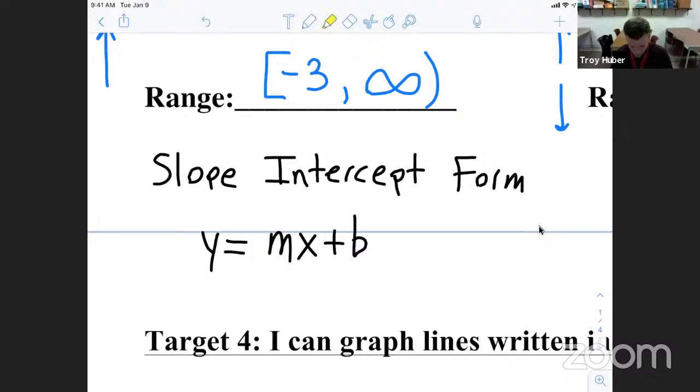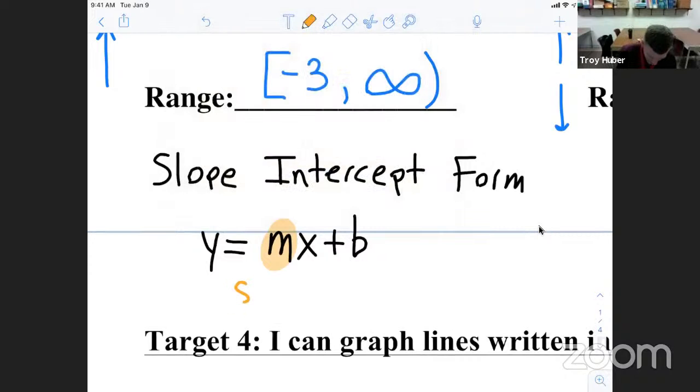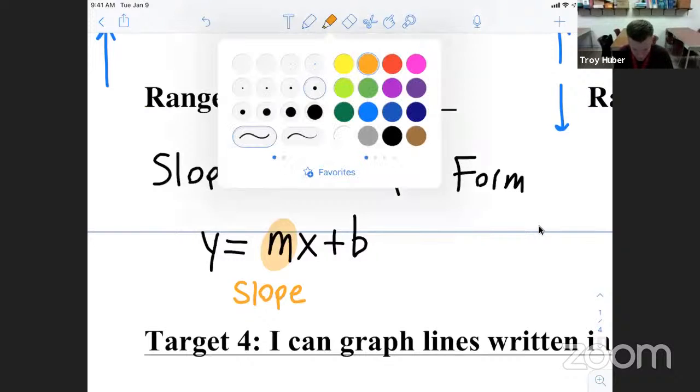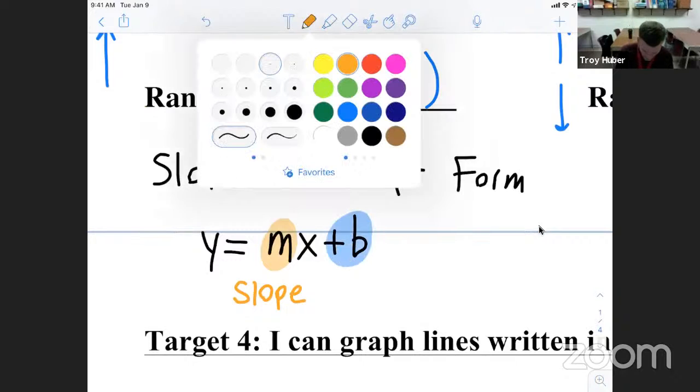First of all, this m, I'm not exactly sure why they chose m, but m always represents slope. So I'm going to write that in there now. So m is slope. And then this b value at the end here, that b value is your y-intercept.